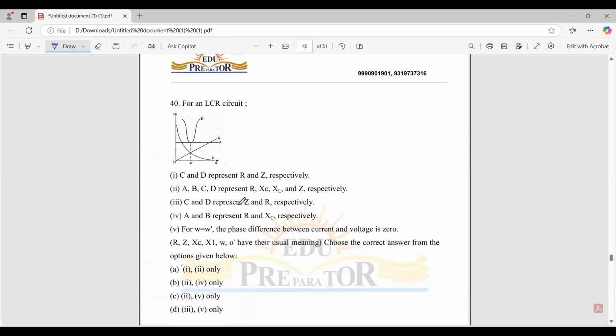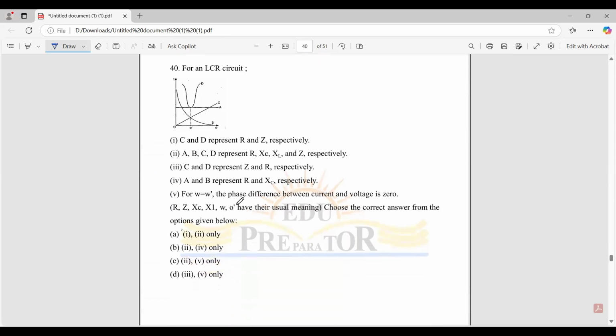Let's move further. Now this question is based on alternating current. We have studied resistance, capacitance, inductive reactance, capacitive reactance, impedance and all. Again, this is a question which has so many statements, so without unnecessarily wasting time, we'll work it the smart way. We have current on the y-axis and the frequency or angular frequency on the x-axis.